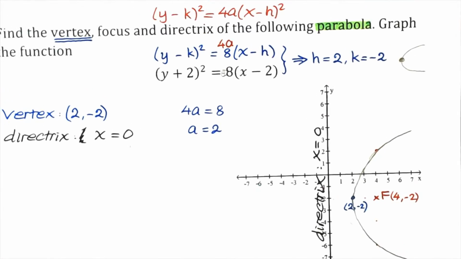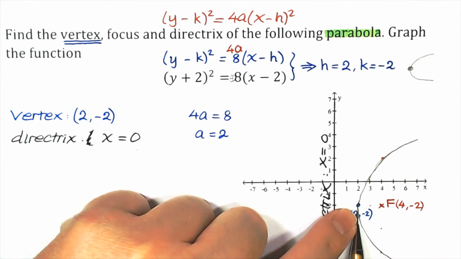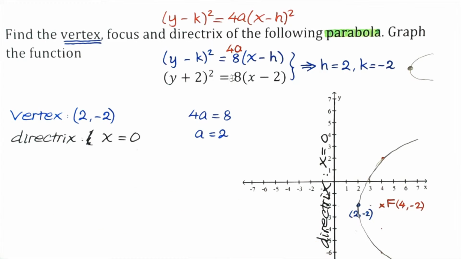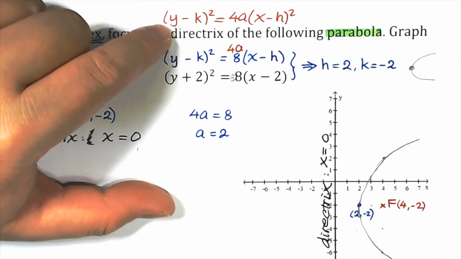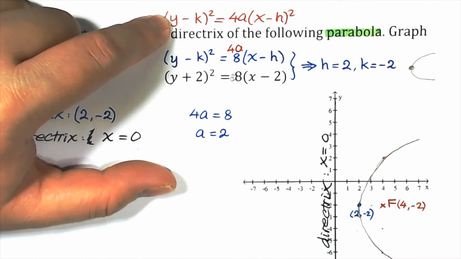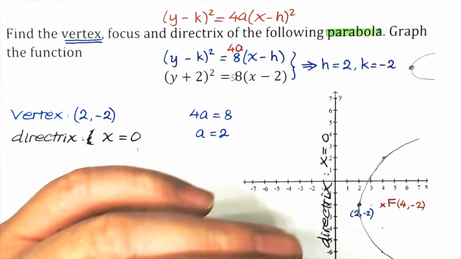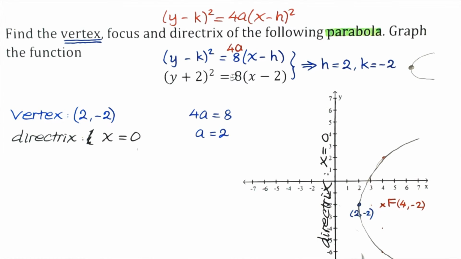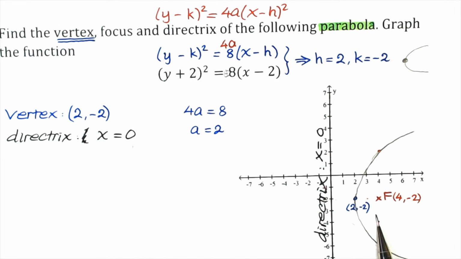Again, we need to determine where the vertex is, and then the direction of opening of the parabola. This problem opens to the right because we have y squared, meaning a left-and-right, horizontal parabola, and it's positive, meaning it opens to the right. So the focus is on the right of the vertex, and the directrix is in the opposite direction of the focus.